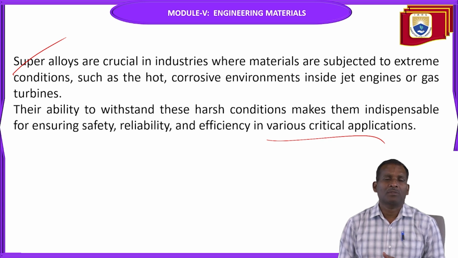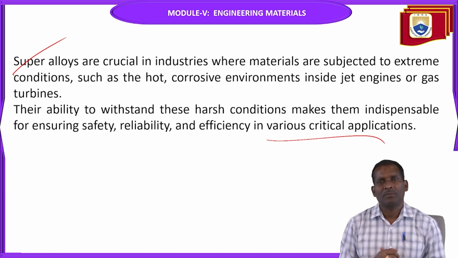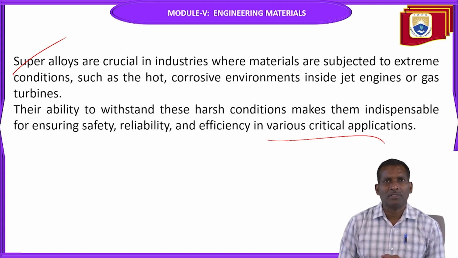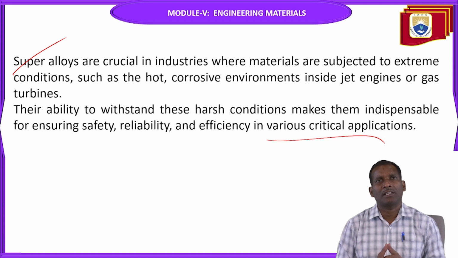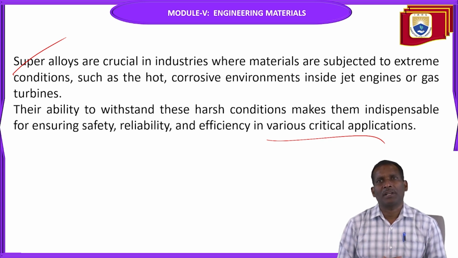So engineers should learn all the properties of particular materials, metals and non-metals like polymers, alloys, superalloys, advanced alloys. Then only can you apply the right material for the right application.